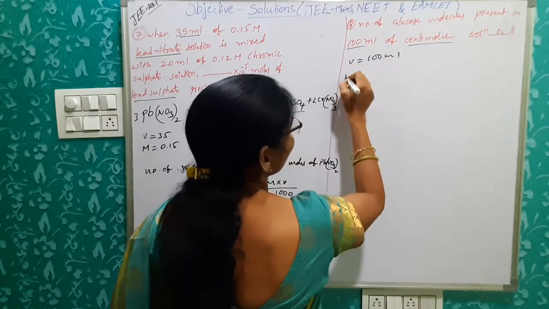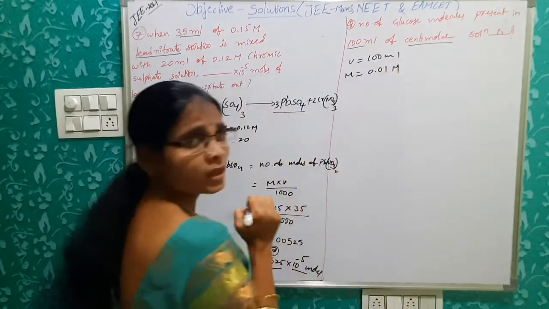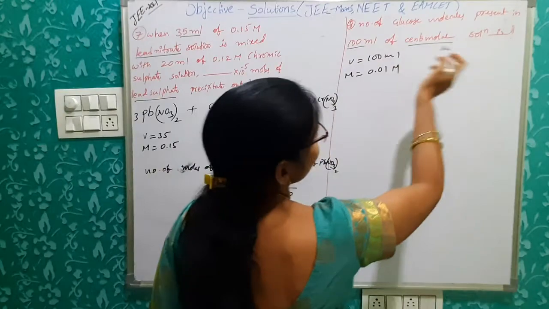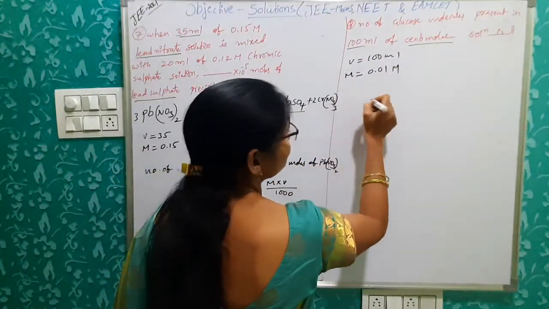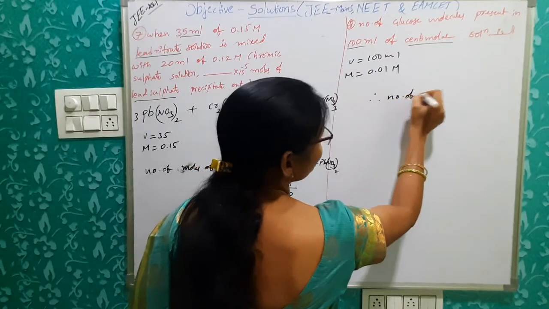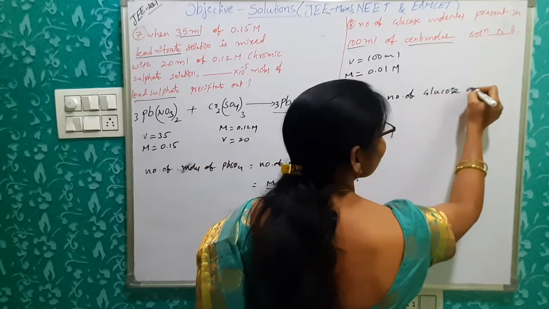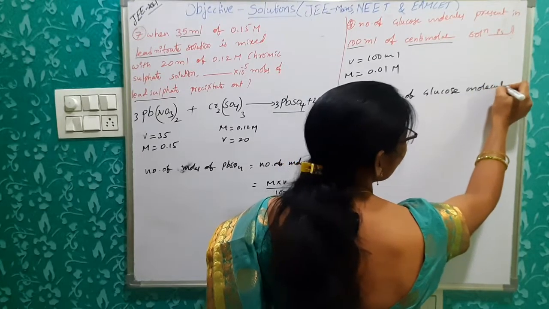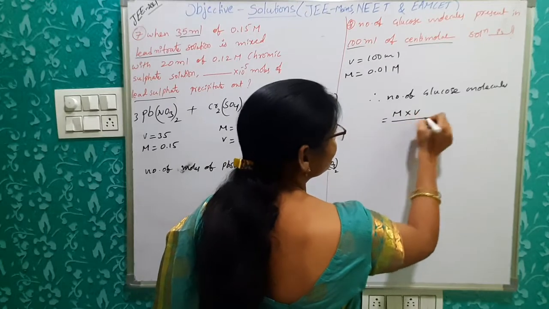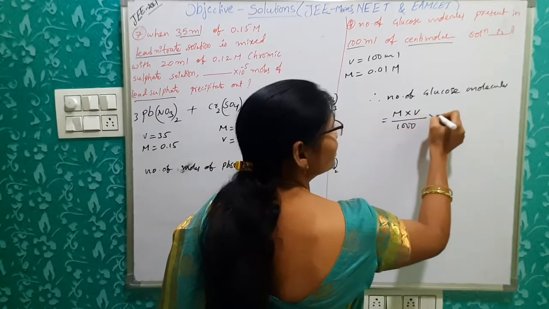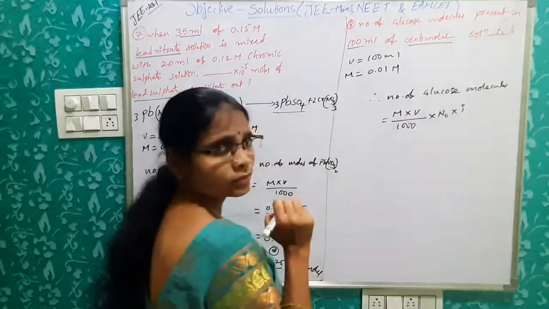Number of glucose molecules present in 100 ml of centimolar solution. Volume is given as 100 ml. Molarity is given as centimolar, meaning 0.01 M. Number of glucose molecules present in that solution is. So simply, number of molecules, here glucose molecules, can be calculated by the formula M into V by 1000 into Avogadro number into i factor.